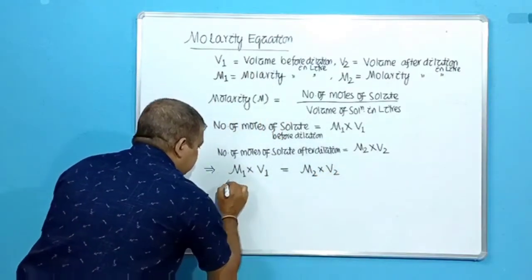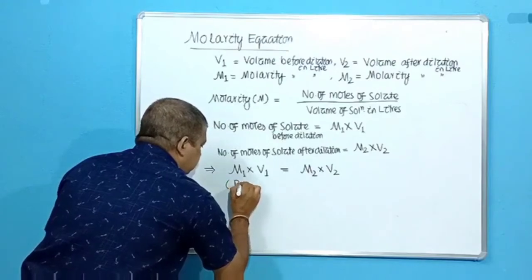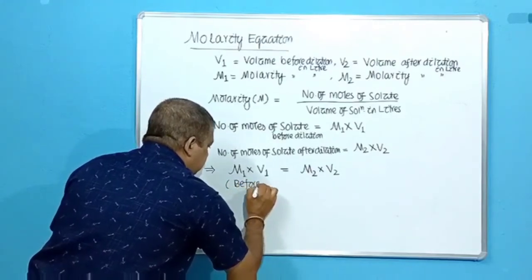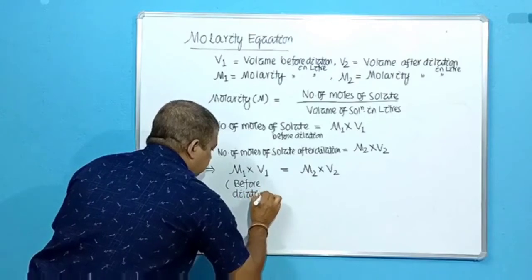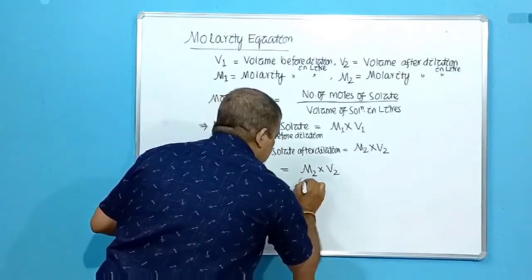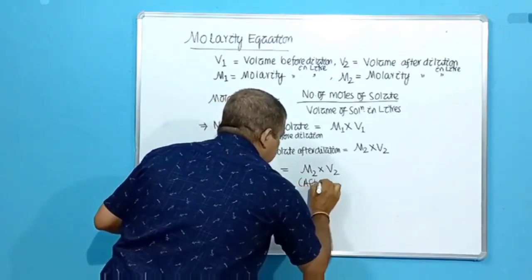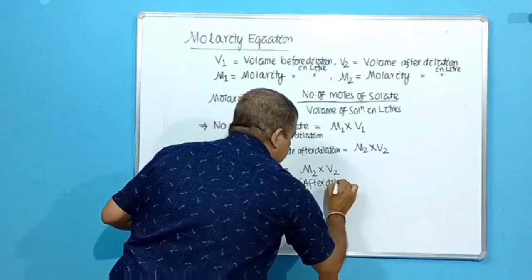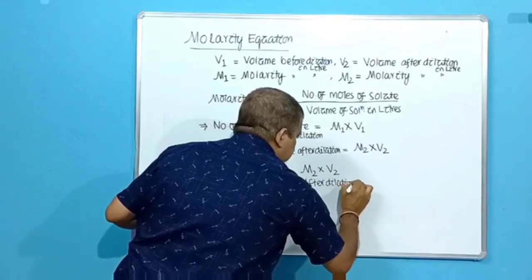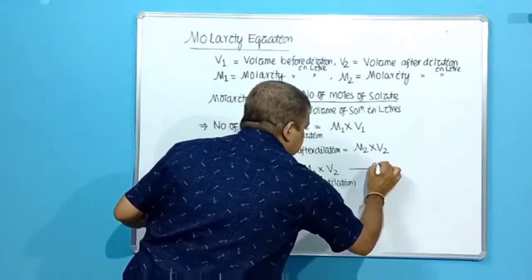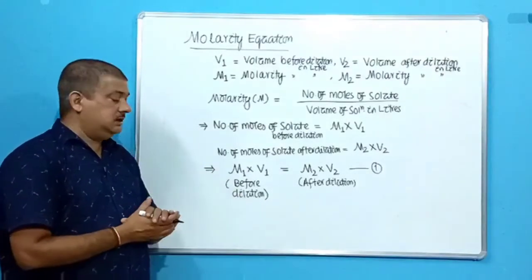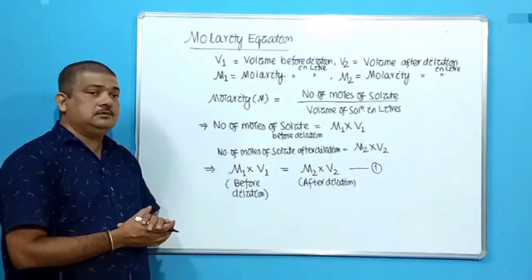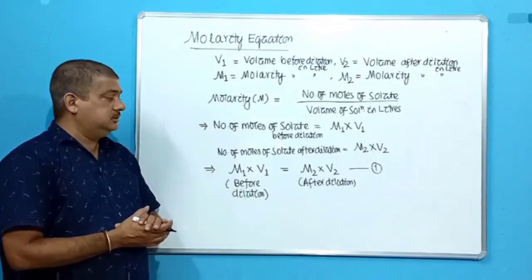That means this is before dilution and this is after dilution. So this is called the molarity equation. That is M1 into V1 is equal to M2 into V2.